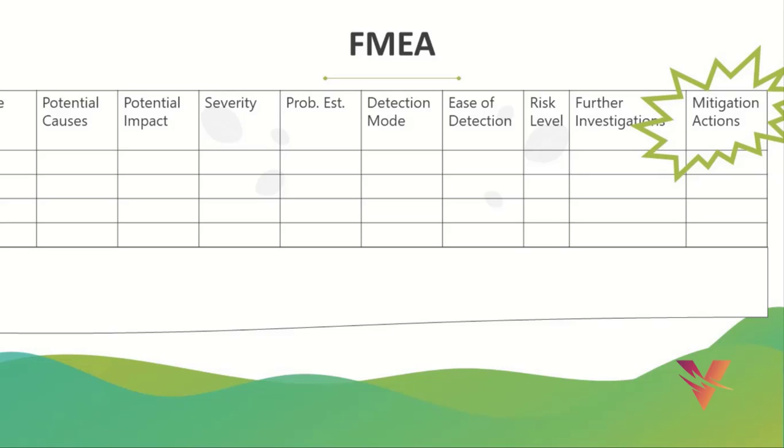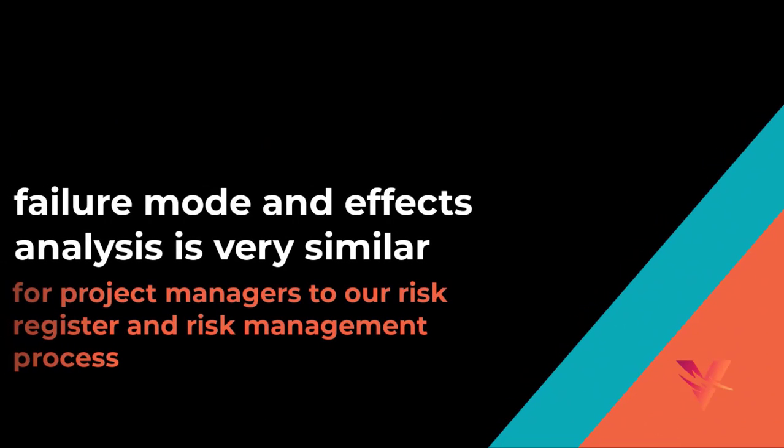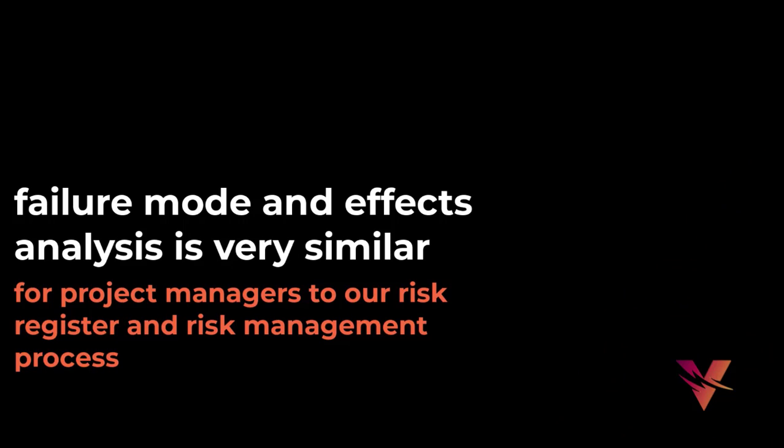And as with any risk register, you can add other things to this that will track responsibilities and performance of those mitigating actions. So failure mode and effect analysis is very similar for any project manager to analyze the risk or analyze the failures in the product which they are producing.